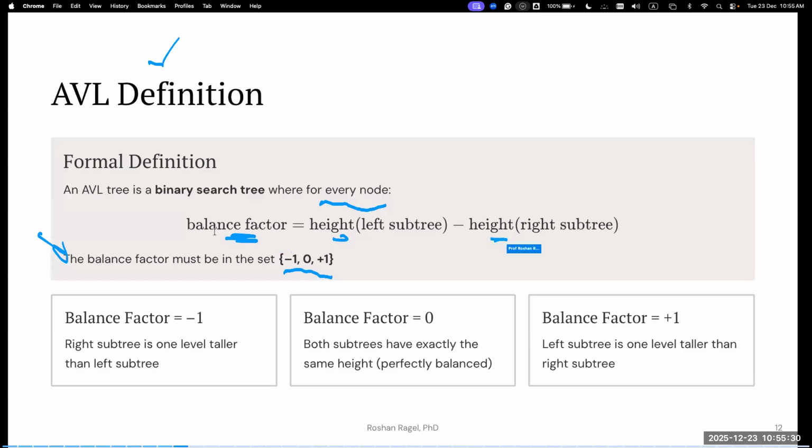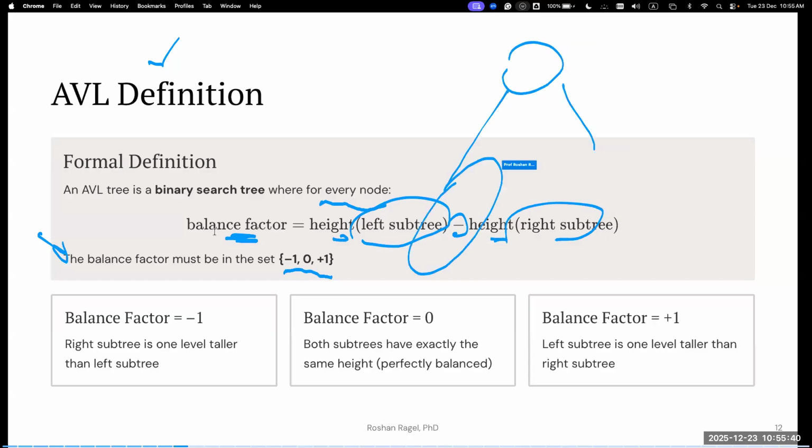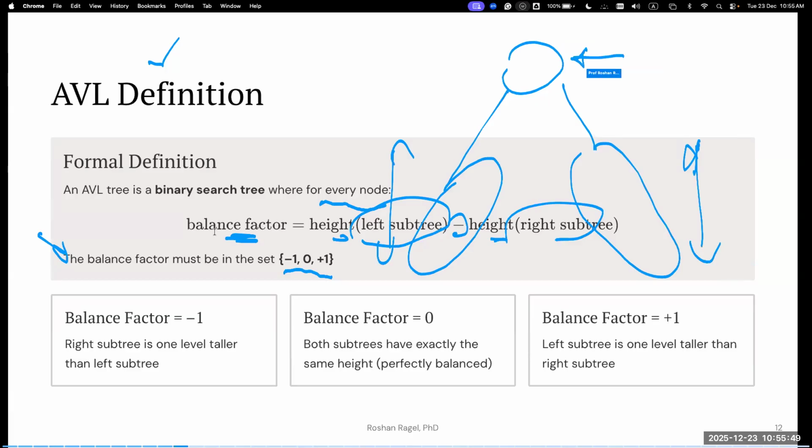Two heights. The balance factor is the height of the left subtree minus the height of the right subtree. So if we have a tree with a left subtree and a right subtree, and both heights are equal, then the balance factor of this node is 0.